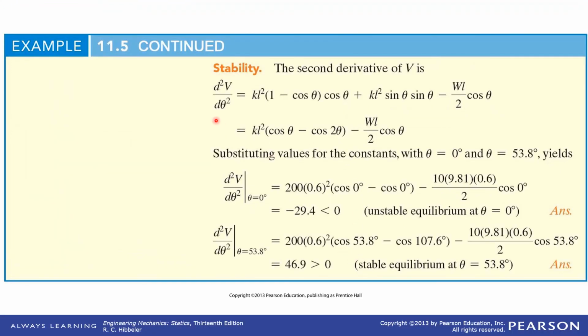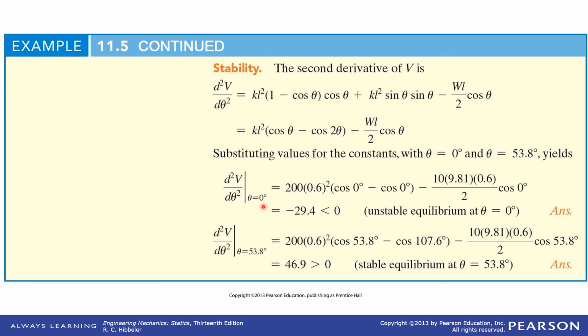Now, let's see if we can talk about stability. Take the second derivative of that potential energy, and you get this expression right here. Put in the two solutions for equilibrium.